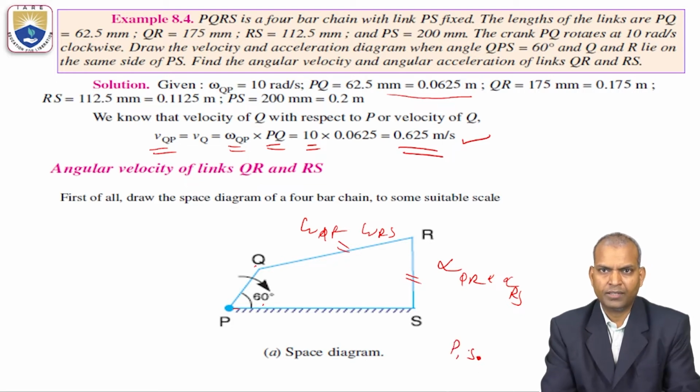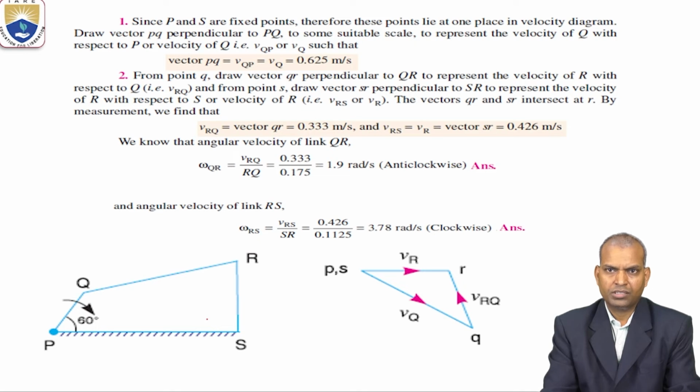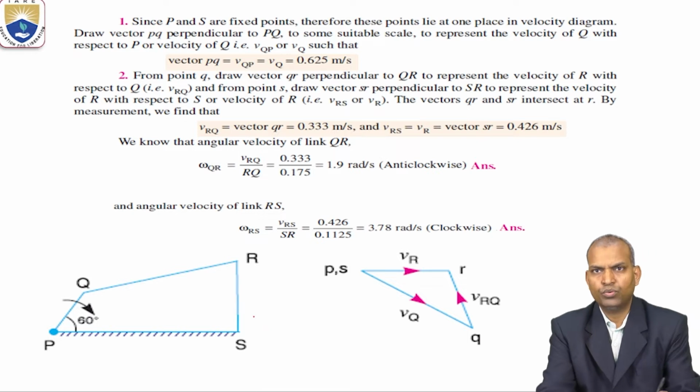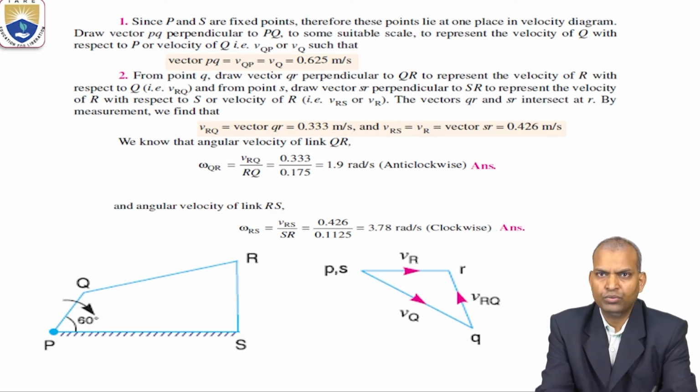Then we start drawing. With the known values, we know the velocity vector of Q, VQ equal to 0.625 meters per second.